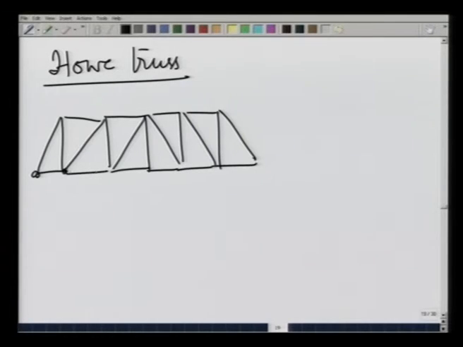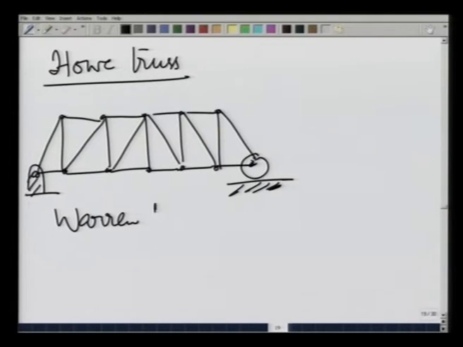Again, you can count the number of joints and number of members, they are consistent for it to be a statically determinate truss. Third one is a Warren truss, which is like this.